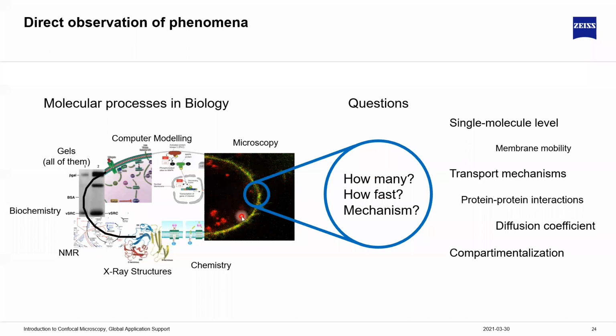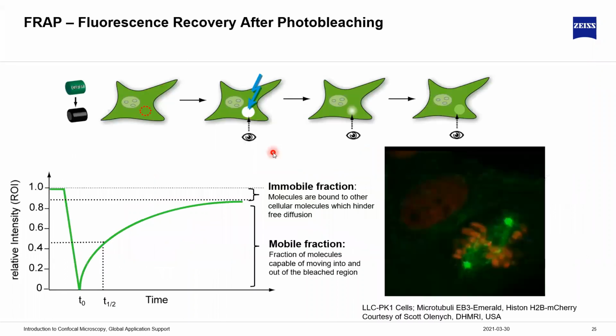How fast do they move? What is the mechanism of the movement? What is the interaction between different proteins? All these questions can be answered using a confocal microscope, basically without changing your sample. One of the more used techniques in many labs is FRAP, so fluorescence recovery after photobleaching.